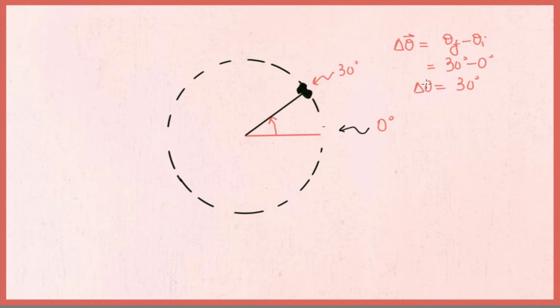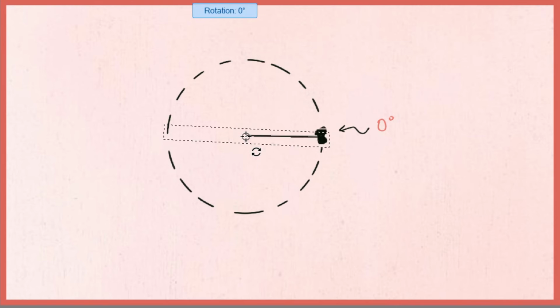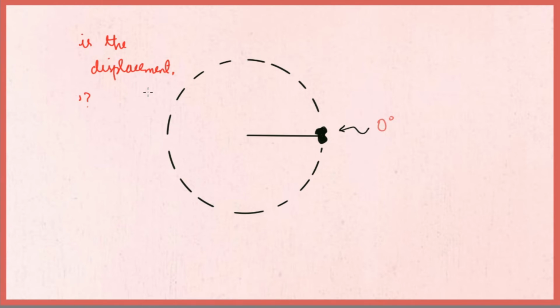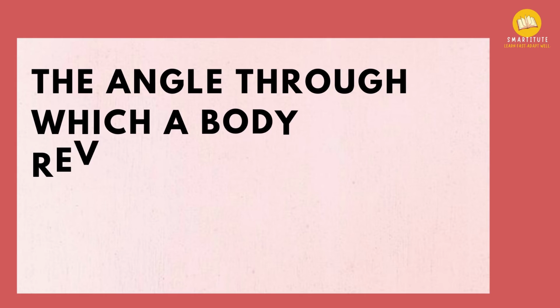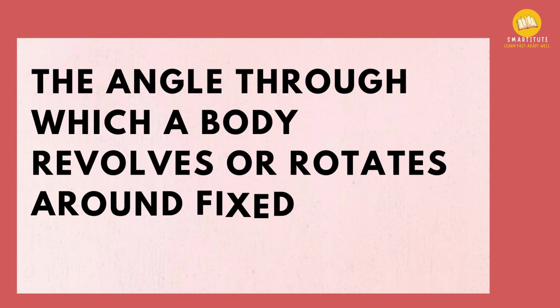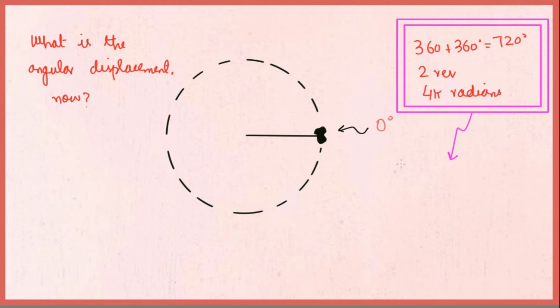But if the stone moves twice in the circle, what is the displacement then? It is not 0, but 360 degrees plus 360 degrees, 720 degrees, as the stone undergoes 2 revolutions or 4 pi radians. So angular displacement is defined as the angle through which a body revolves or rotates around a fixed axis of rotation. It is represented by delta theta, which is change in angle, and is a vector quantity.